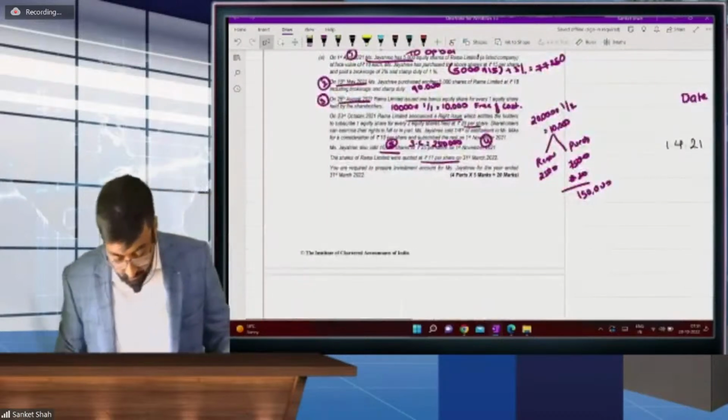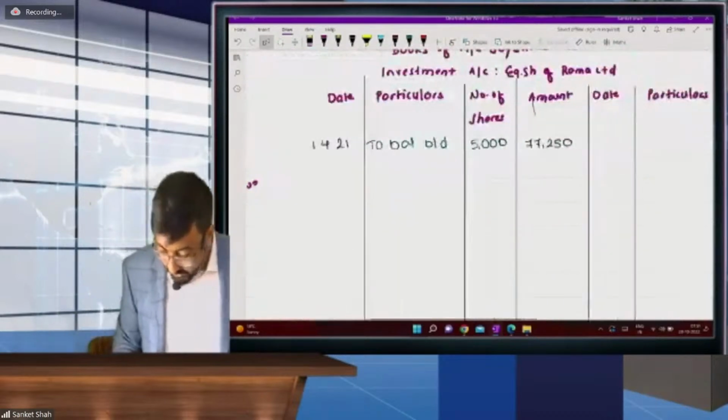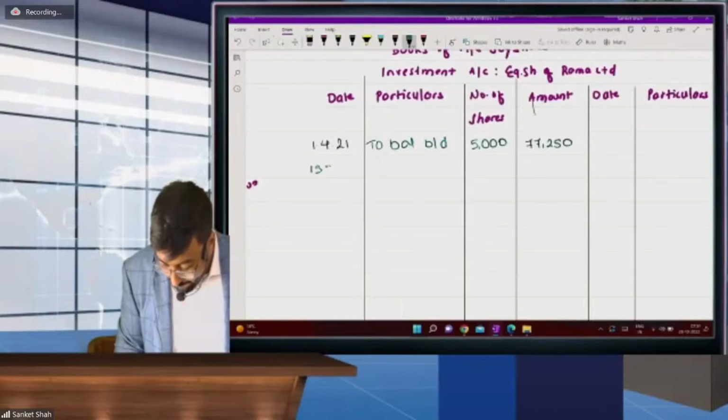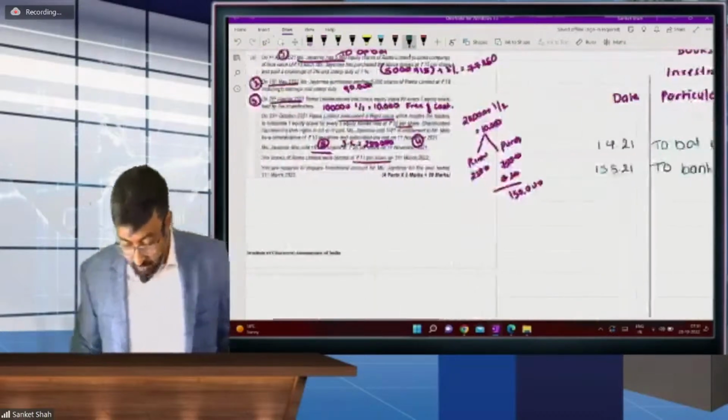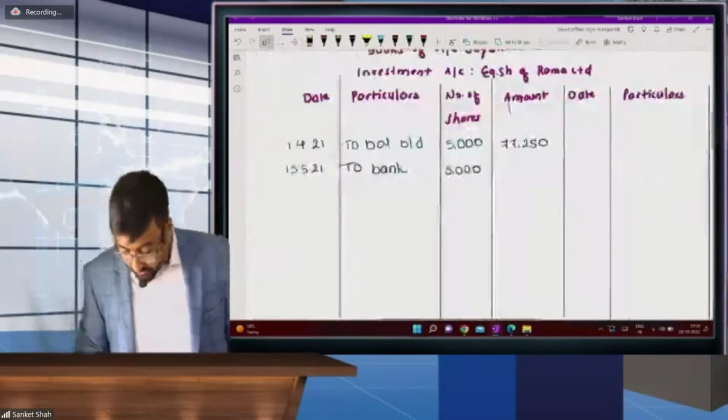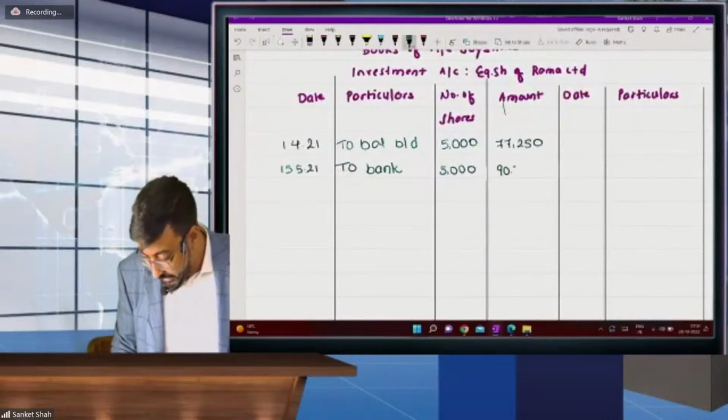Then 15th May 21, to bank, additional 5,000 shares at rupees 90,000.